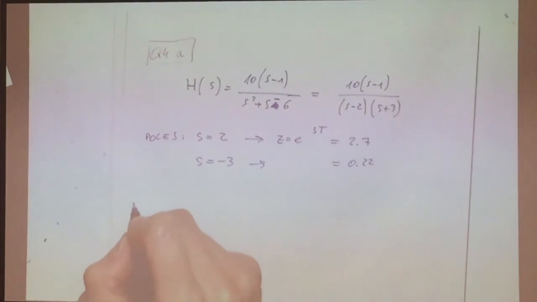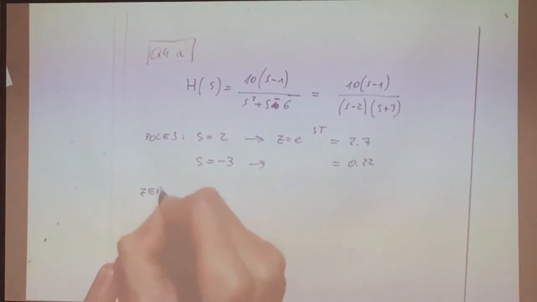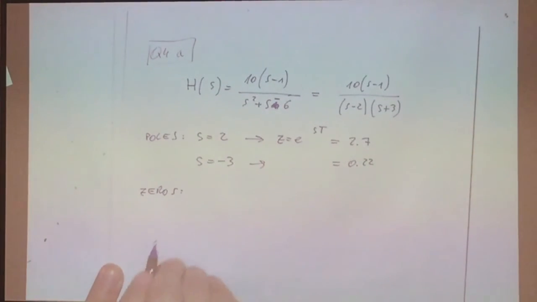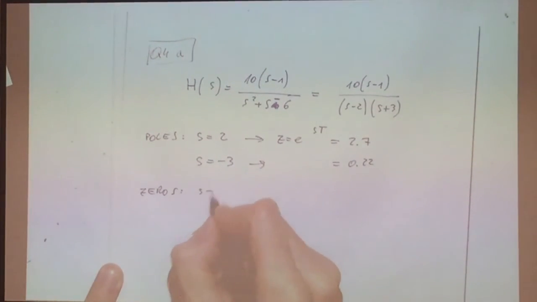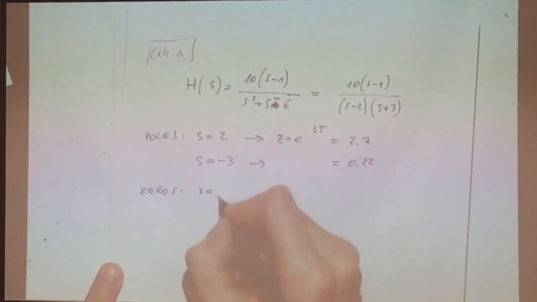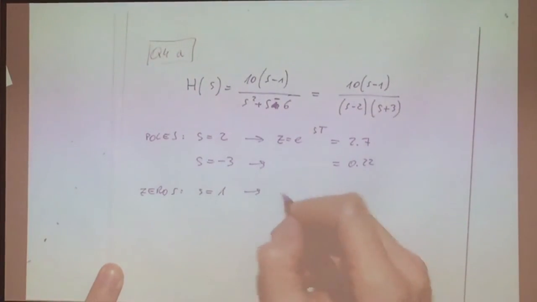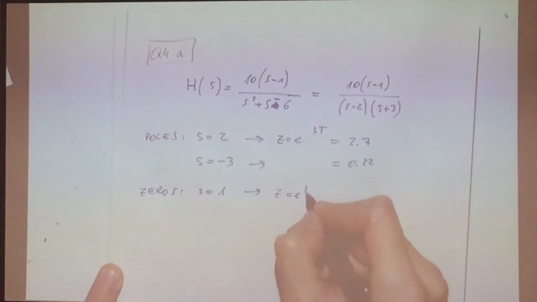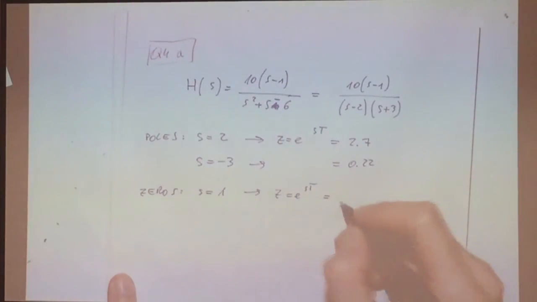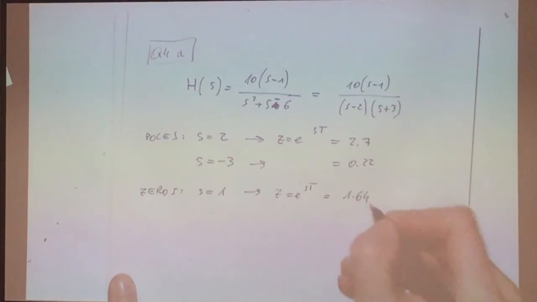Right? Nothing difficult in here. Zeros. What are the zeros of this transfer function? s equal 1. How do we map it? Same thing. z equal e to the power of sT, and you put the numbers in, you get 1.64.